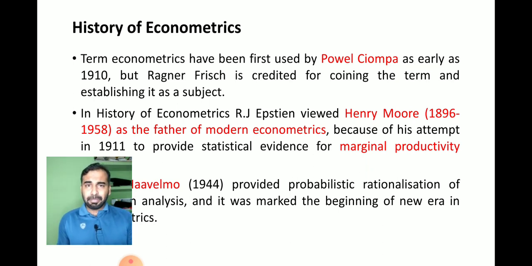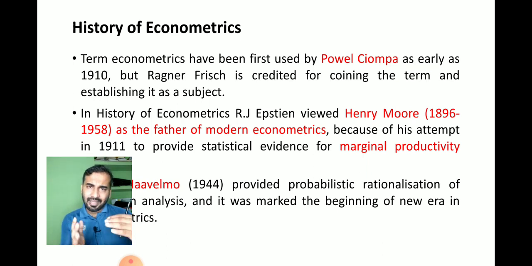But in the history of econometrics, R.J. Epstein said that Henry Moore is the father of modern econometrics. Epstein says that, not Ragnar Frisch, but Henry Moore is the father of modern econometrics, because in 1911 he attempted to give statistical evidence for marginal productivity theory or Euler's theorem.